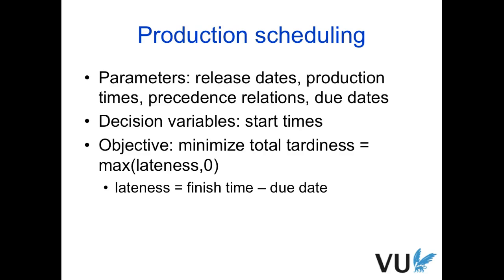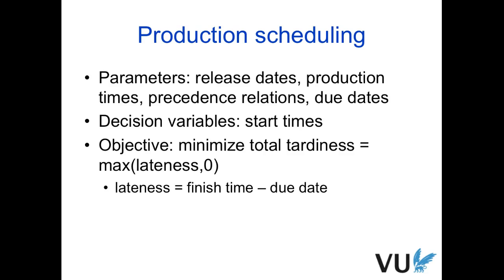And the tardiness is the maximum of the lateness and 0, and lateness is defined as the finish time minus the due date. Or due time, but we're used to finish time and due date, well, we are used to different names.